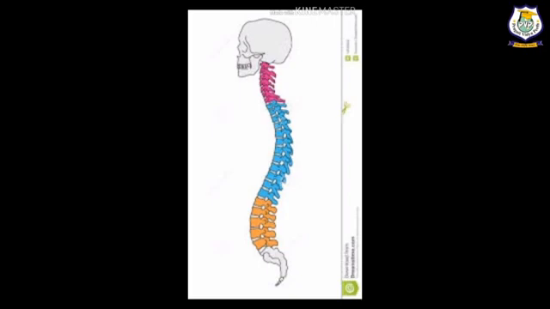The skull is joined to the spine, which runs from the base of the skull to the hip region. The vertebral column is made up of 33 small bones. It means there are a total of 33 small bones in the vertebral column.